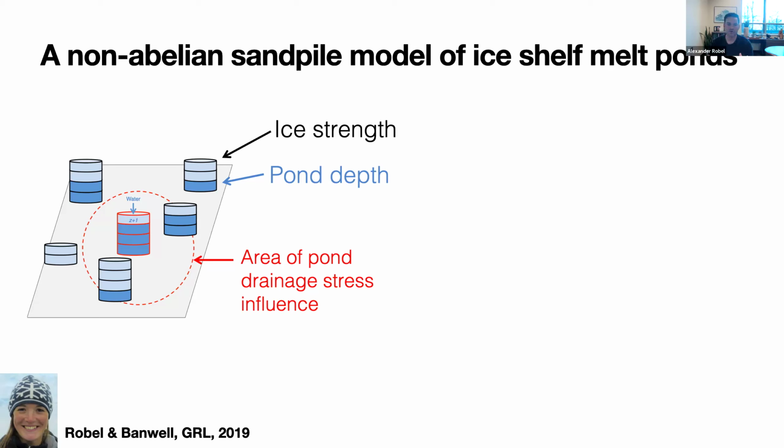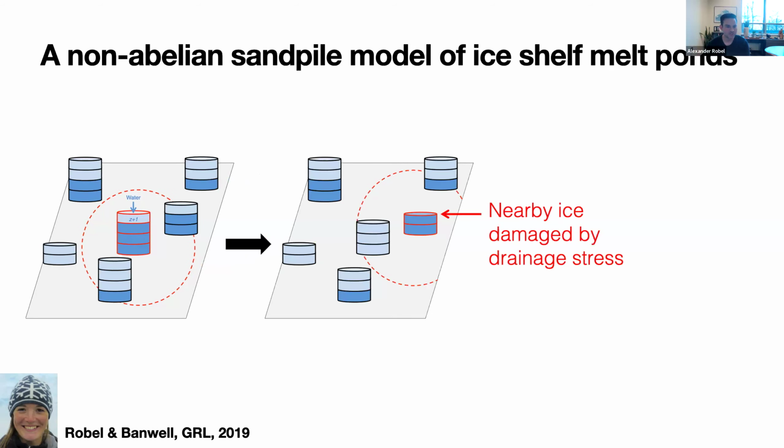So essentially what we are modeling here is the filling up of ponds on an ice shelf and then breaking and fracturing the area around them, causing the area around them to have a lower capacity until it reaches a threshold for fracture as well. In this cartoon of the model, this melt pond reaches its threshold, it fractures, and it lowers the threshold of a nearby pond.